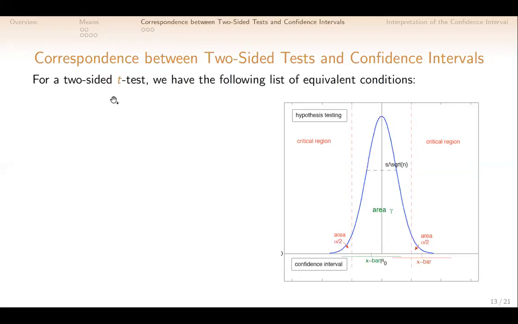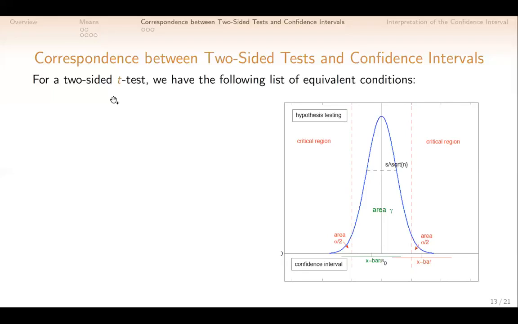Now, I'm going to look at two values of x bar. If x bar is in the critical region, like it is for the red one, then the margin of error for this confidence interval is exactly the length from the center line at mu naught over to the dotted line. So if x bar is in the critical region, that horizontal bar that's centered at x bar does not make it to include the mean mu naught.